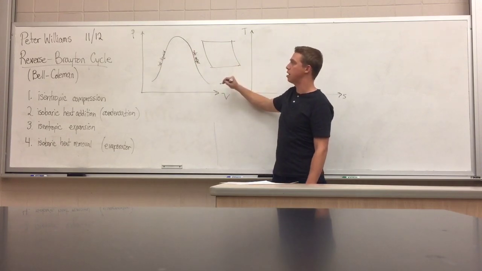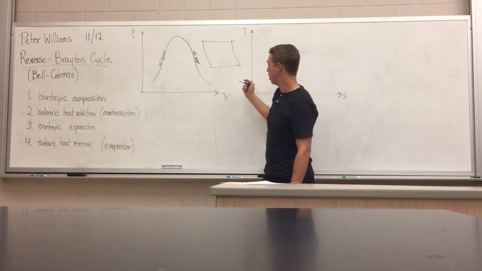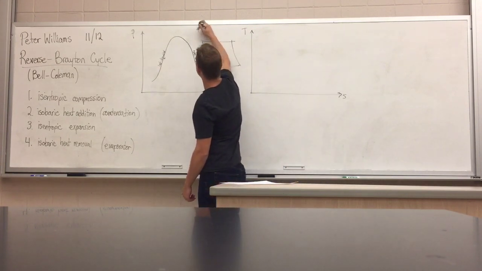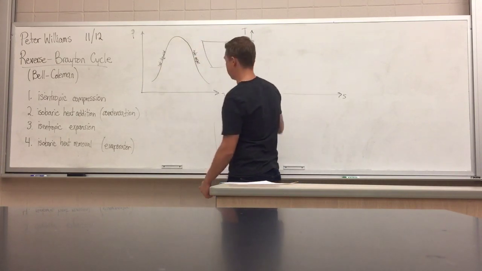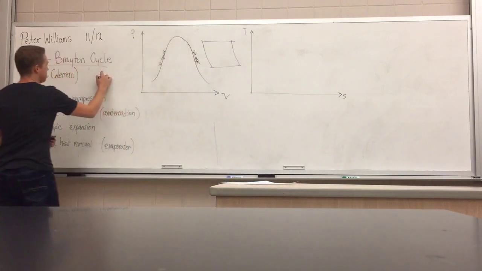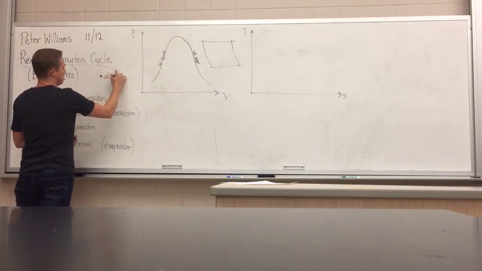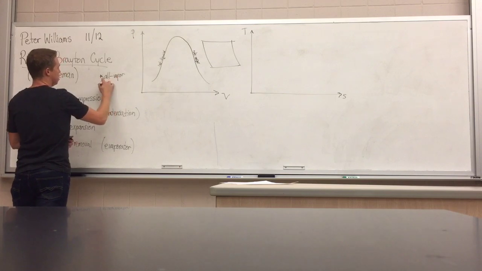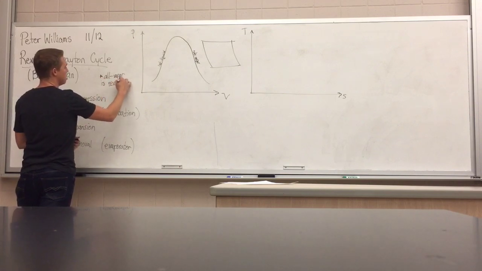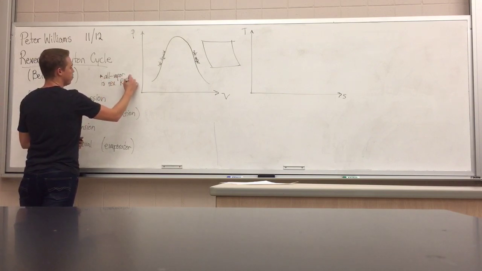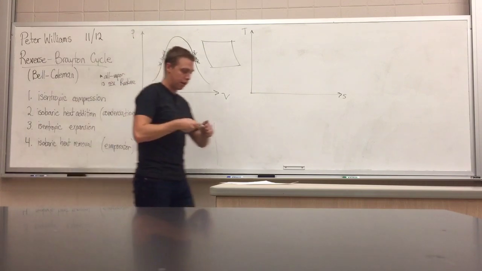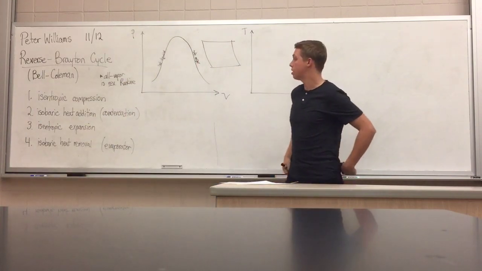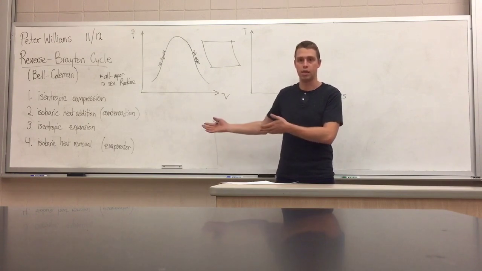This would be Rankine, okay? So let me make a note of that over here, since it's going to be a busy place. An all vapor cycle would be the reverse Rankine cycle. So we're not going to get a special video on the Rankine cycle by itself. This is the Rankine cycle, basically.